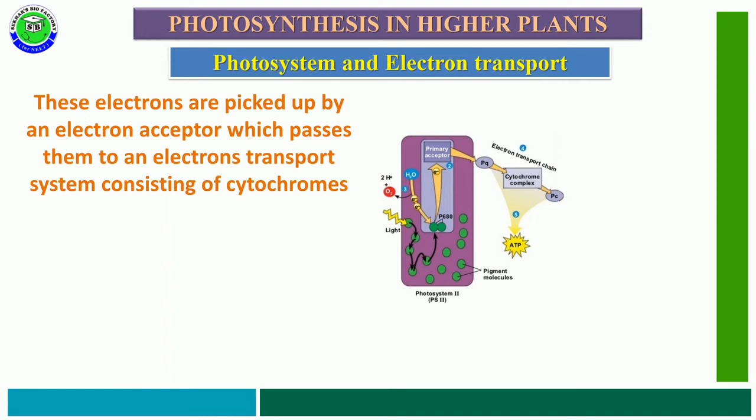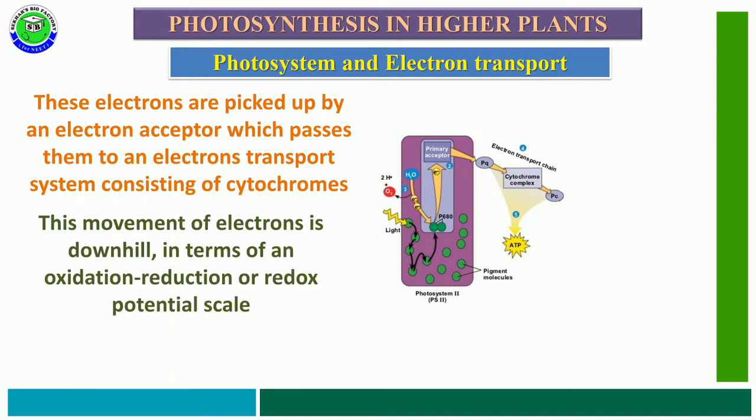The electron released from the reaction center of PS2 is collected by an electron acceptor called the primary acceptor, which passes this electron to the electron transport system, called cytochrome. This movement of electrons is considered downhill, because the transport of electrons from P680 to the primary acceptor and then to cytochrome occurs by oxidation and reduction, along the redox potential scale.